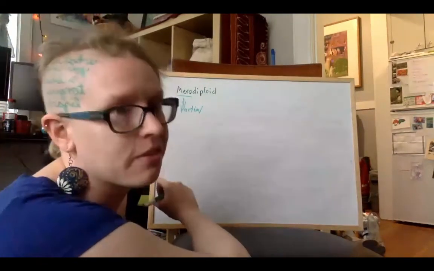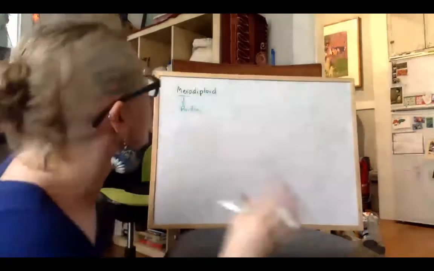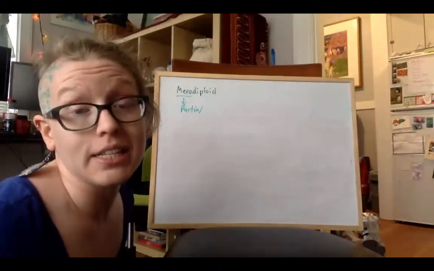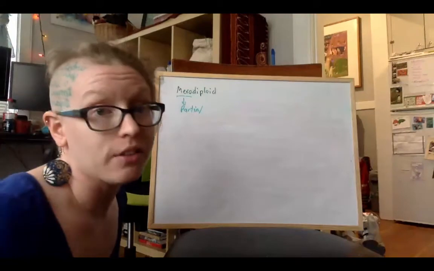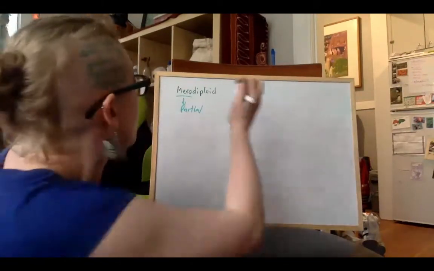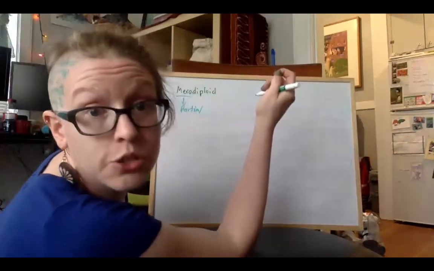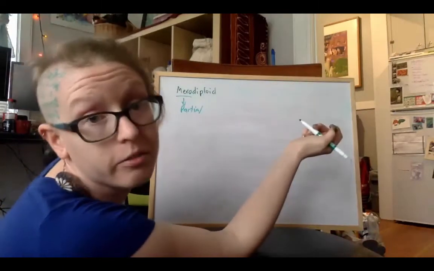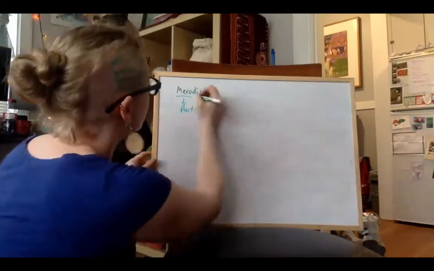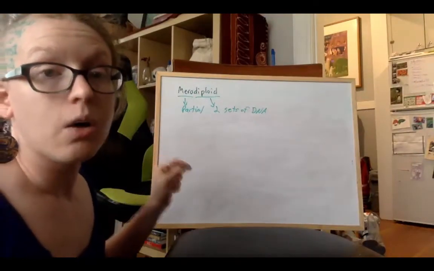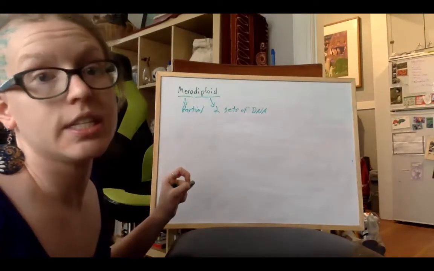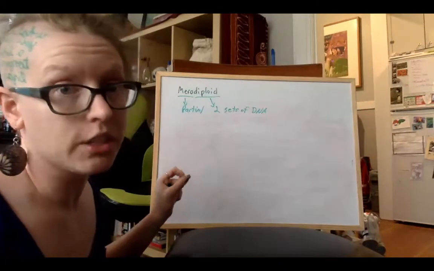I mean, it's also half of a fish, and mer refers to marine, but it's a nice way to memorize it. So, merodiploid, mermaid, half of a maid. I don't know, man. Diploid means 2 sets of genes. We are familiar with the word diploid. So, a merodiploid only has 2 sets of DNA for some of its genes, not all of its genes.